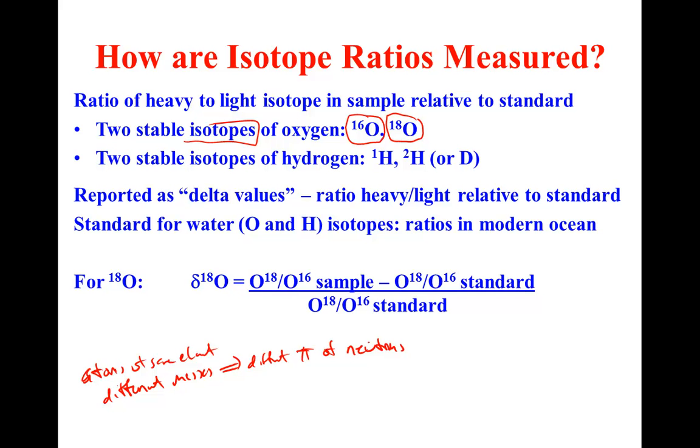Water molecules also contain hydrogen, and there are 2 stable isotopes of hydrogen. Normal hydrogen, the light hydrogen, is just a proton, no neutron, atomic mass of 1. Heavy hydrogen has a proton and a neutron, atomic mass of 2. It's twice as heavy as normal hydrogen.